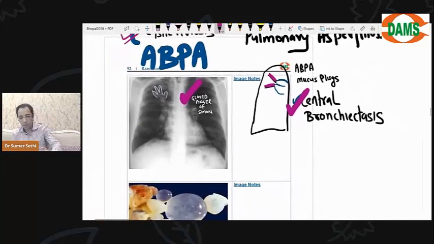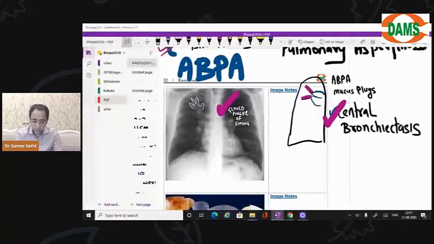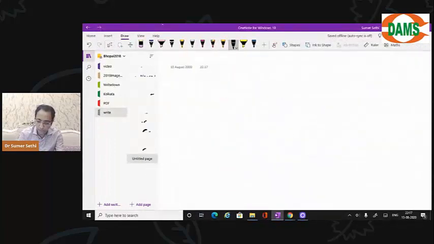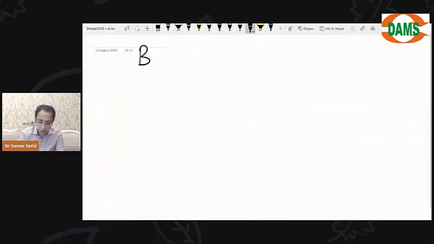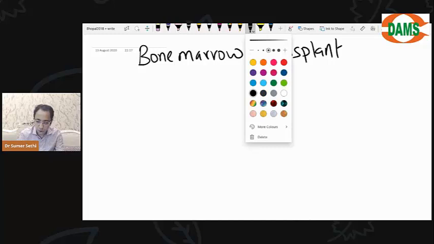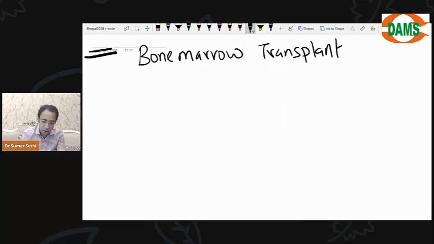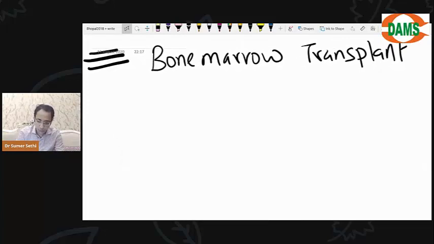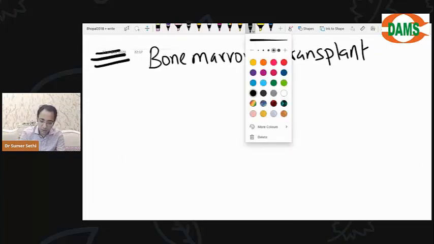Now let's see if you can answer. I will give you a question to solve. Let's see how many of you are able to solve my question. A patient underwent bone marrow transplant. Very important question. I'm sure you might have studied the same in your microbiology also. After bone marrow transplant, what happens?